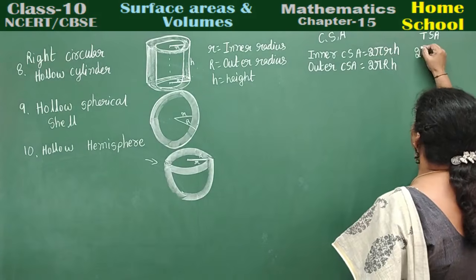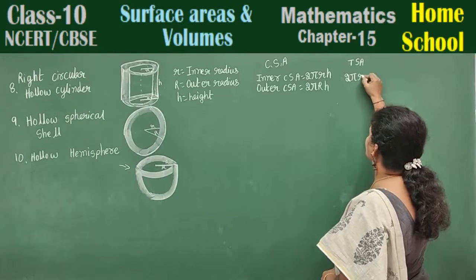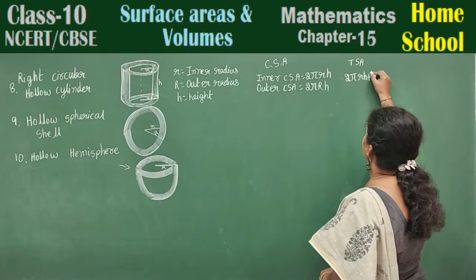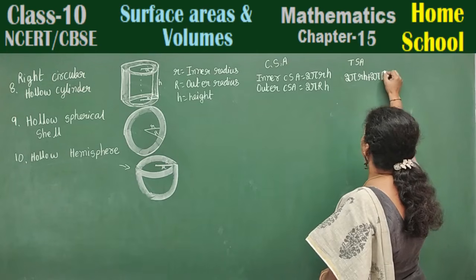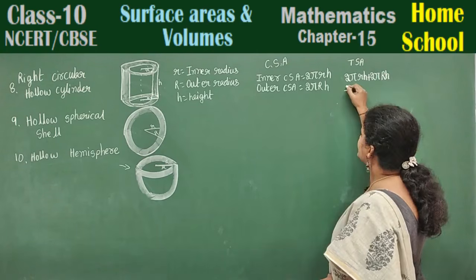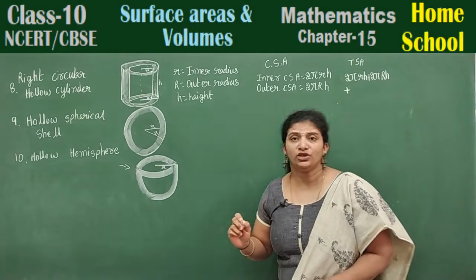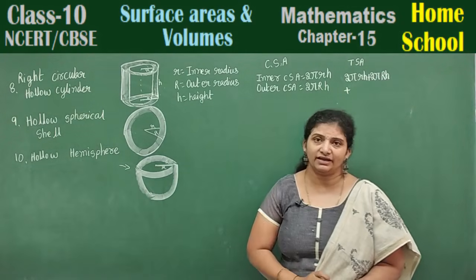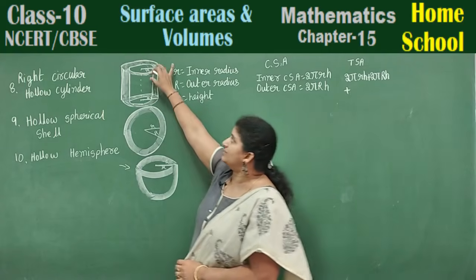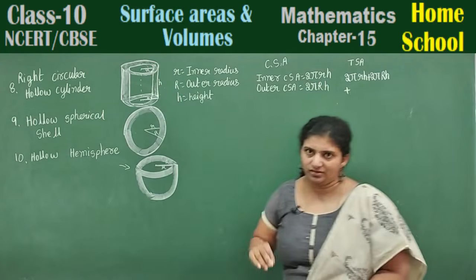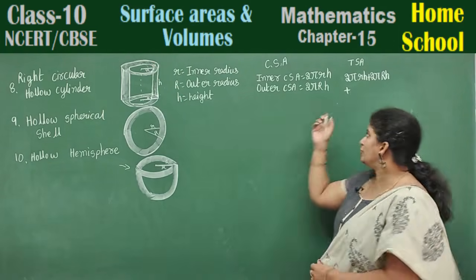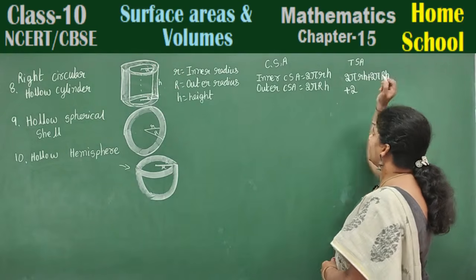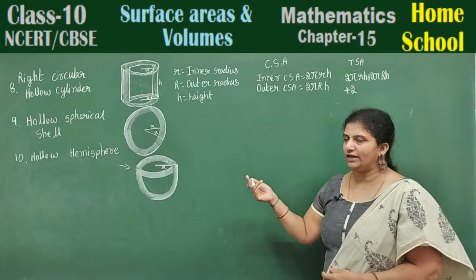Total surface area: 2 pi r h plus 2 pi capital R h, plus what do we need to add here? Curved surface areas we have added. Then we need to add this ring and this ring. So for 2 rings, you can write 2 times.